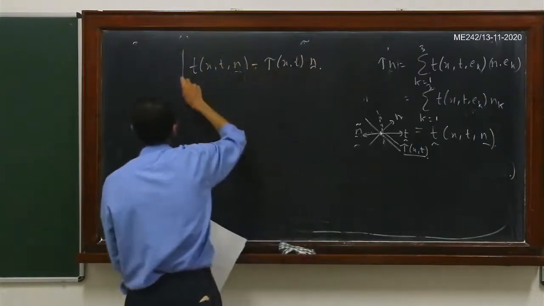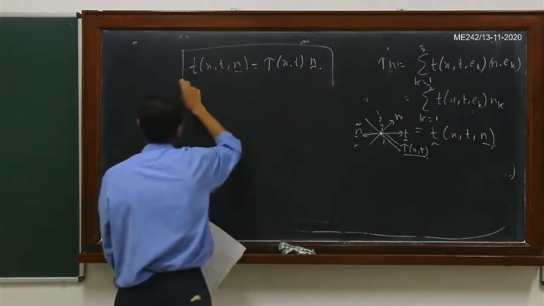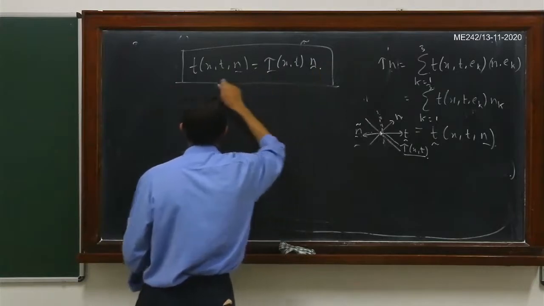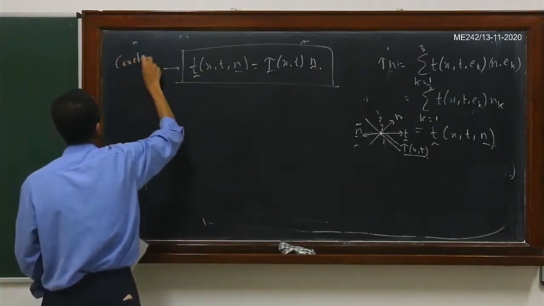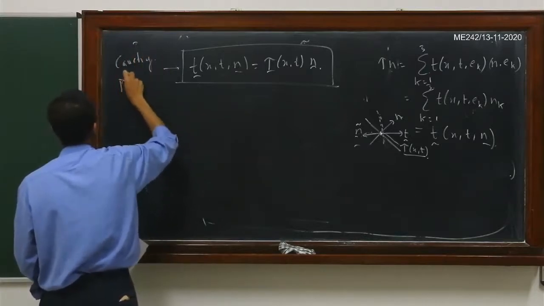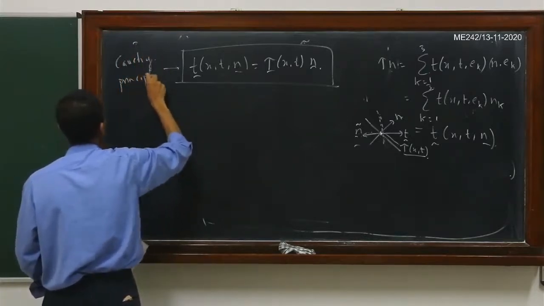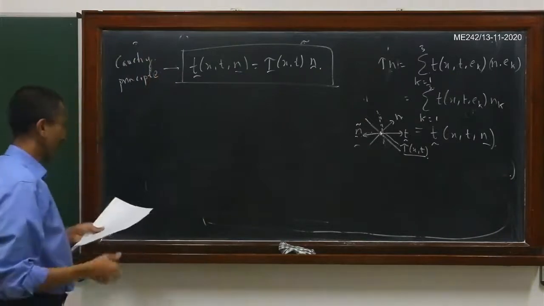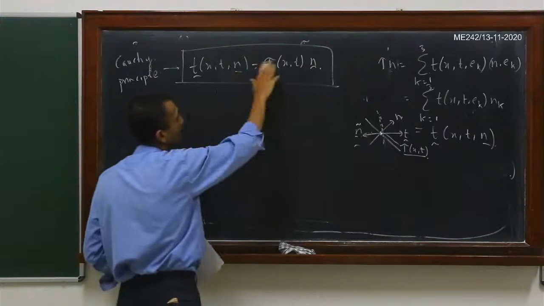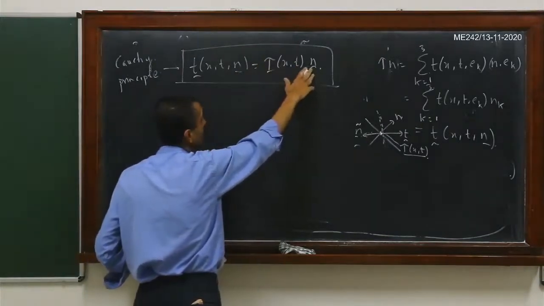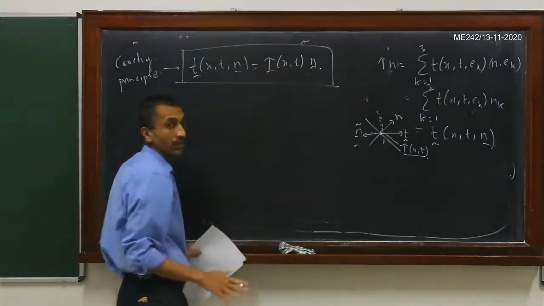This is a very important thing, and it is known as the Cauchy formula or Cauchy principle. Basically it says that the traction depends linearly on the normal. That is an important thing in all of this proof here.